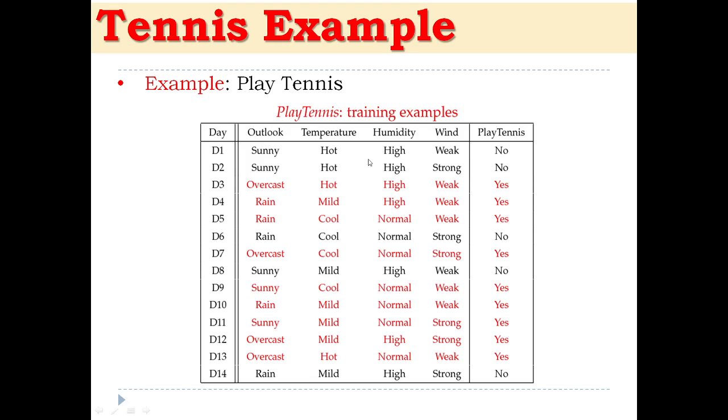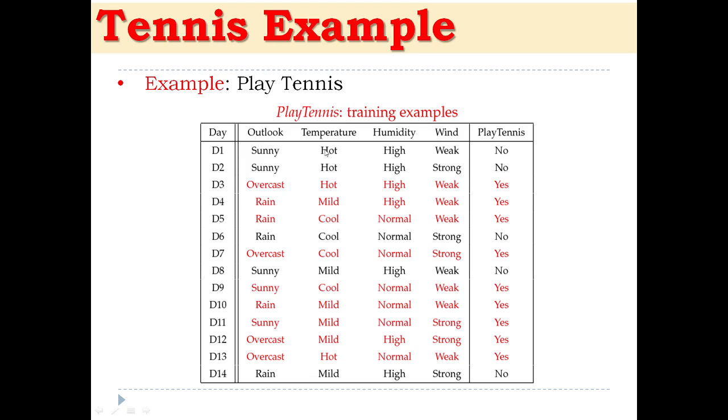If we take the first row of the data set, we can observe that it is not suitable for playing tennis. The attribute names here are outlook, temperature, humidity and wind, and the target value is the class label, play tennis, whether it is okay to play tennis on these days.